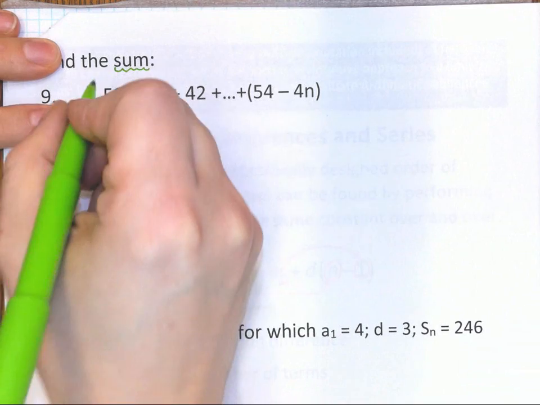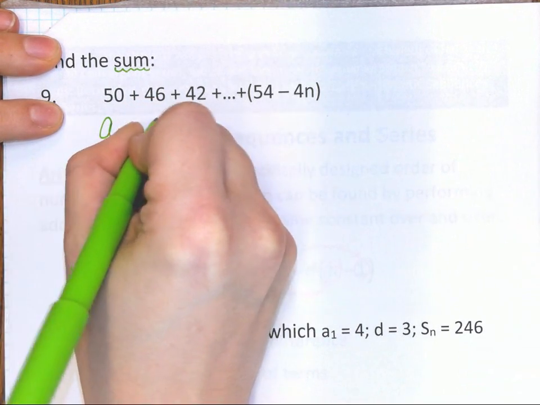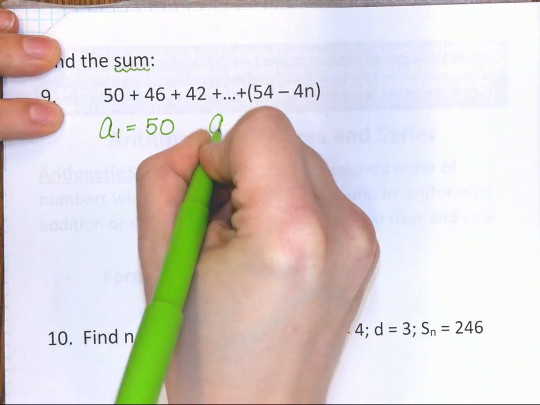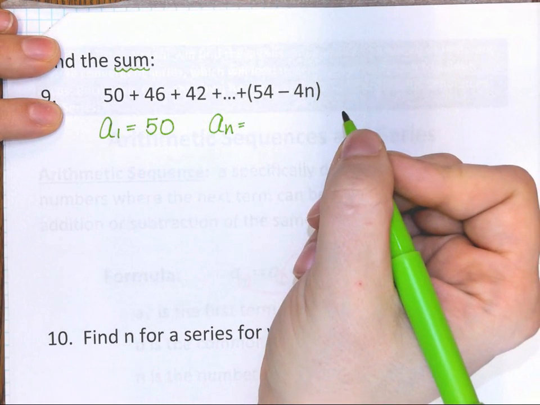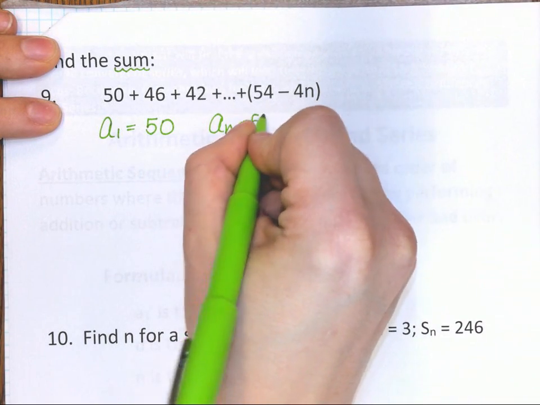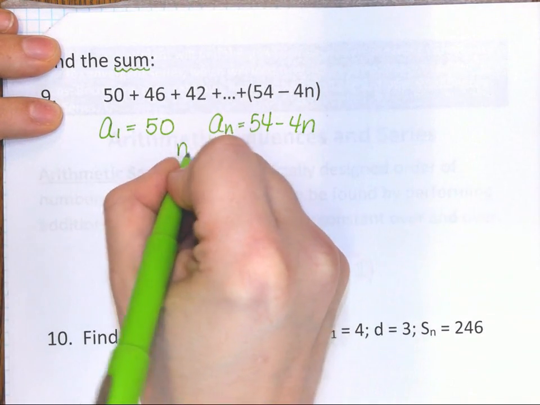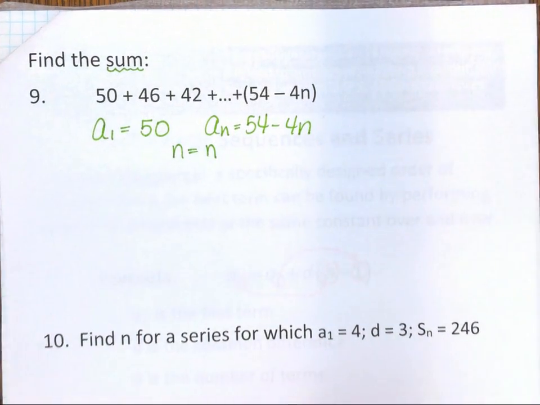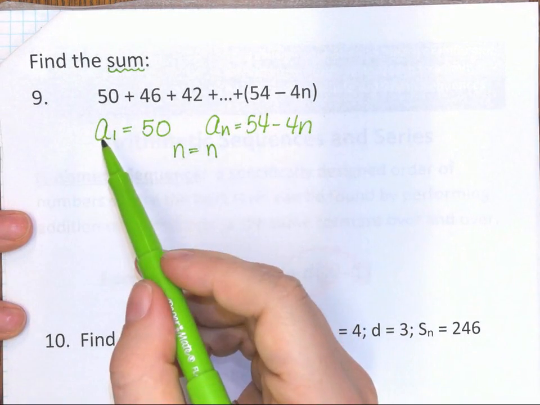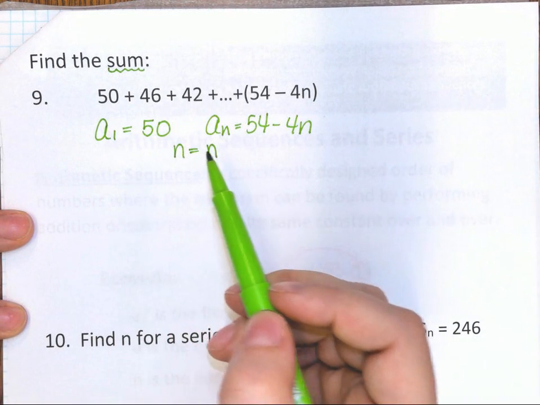So what's the first term? What's the nth term? And it just so happens that n is just n. So do we have a formula that uses a sub 1, a sub n, and n?